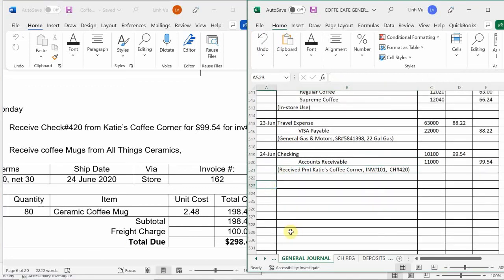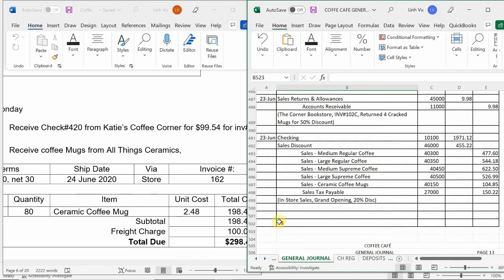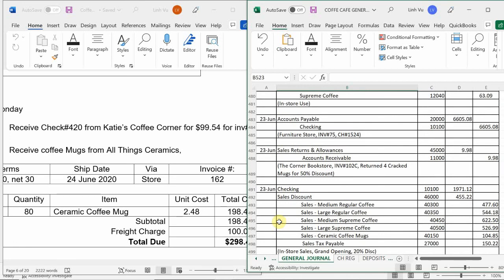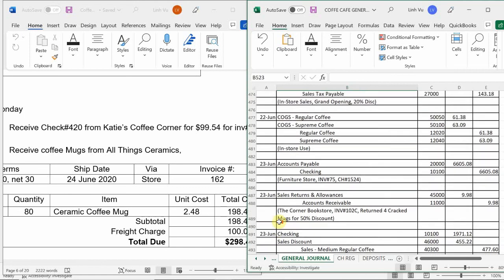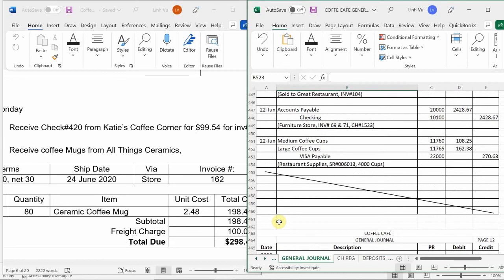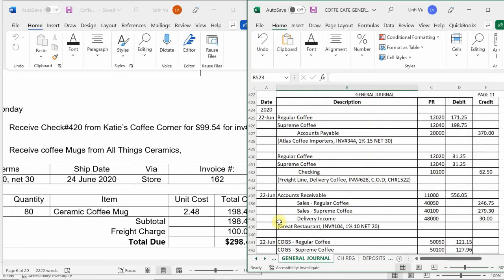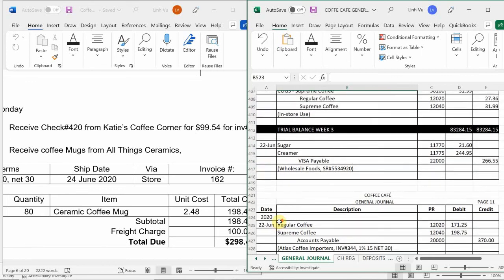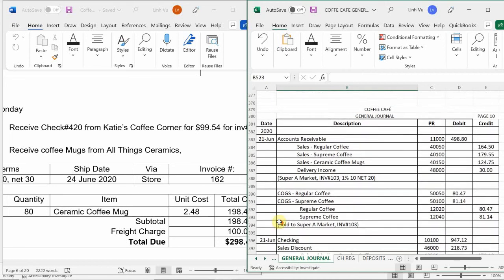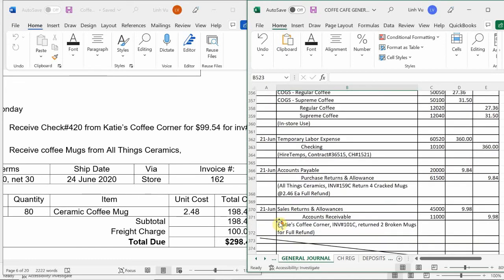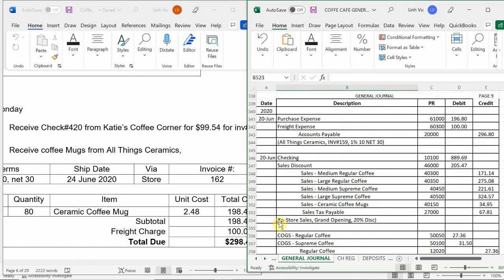How do I record periodic inventory? It's going to be a purchase expense.